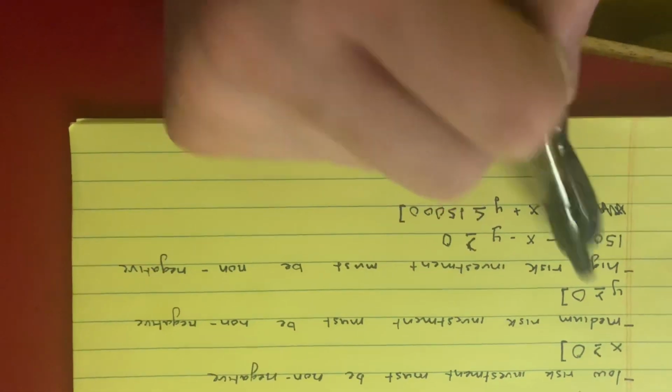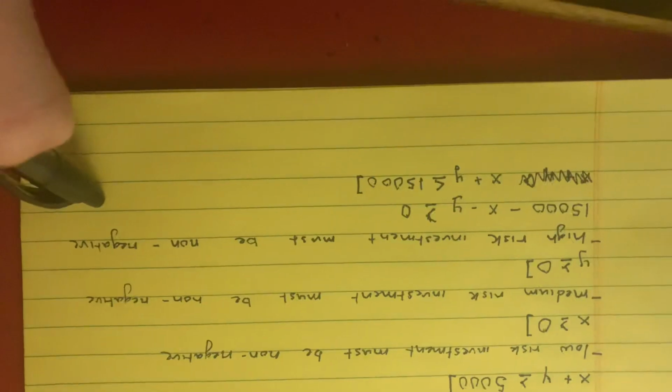The first two are fairly simplistic because we already know that our variables here are x in the amount of low risk and y in the amount of medium risk. But we don't actually have a variable designated for high risk. So we say high risk must also be non-negative. We know all these things must be non-negative.